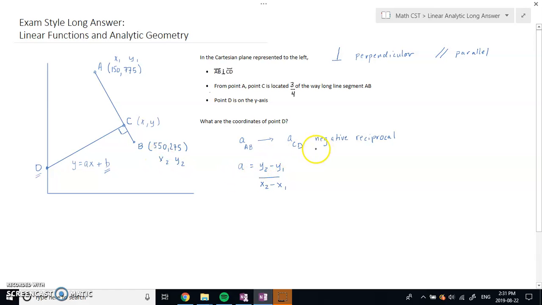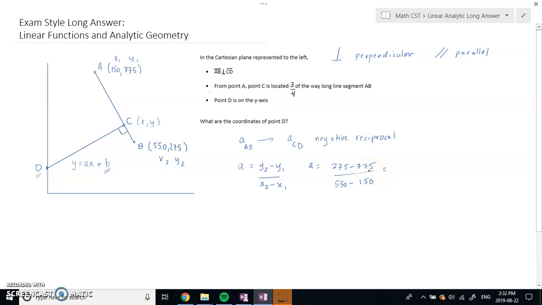As such, I label them left to right, and I also tend to label them in alphabetical order. So here we go, 275 minus 775 for the y values, and 550 minus 150 for our x values.